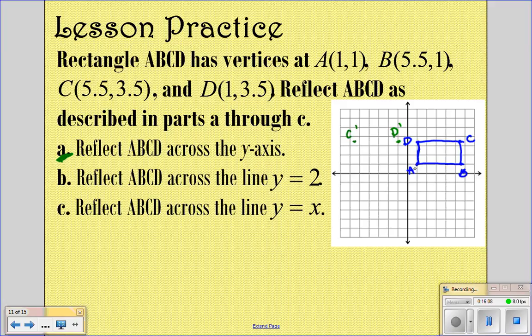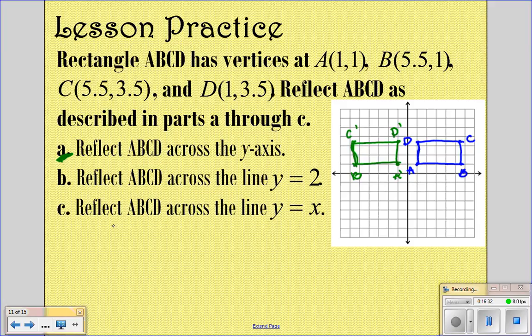For A, we're going to be right here. So that'll be A prime. And then for B, we're going to end up right here for B prime. And so you draw your rectangle. Okay, so that would be for A.